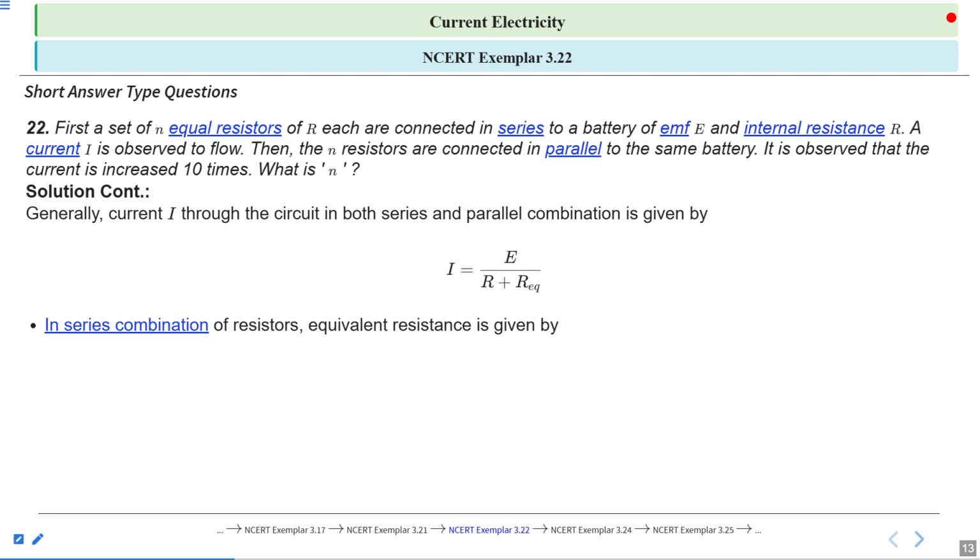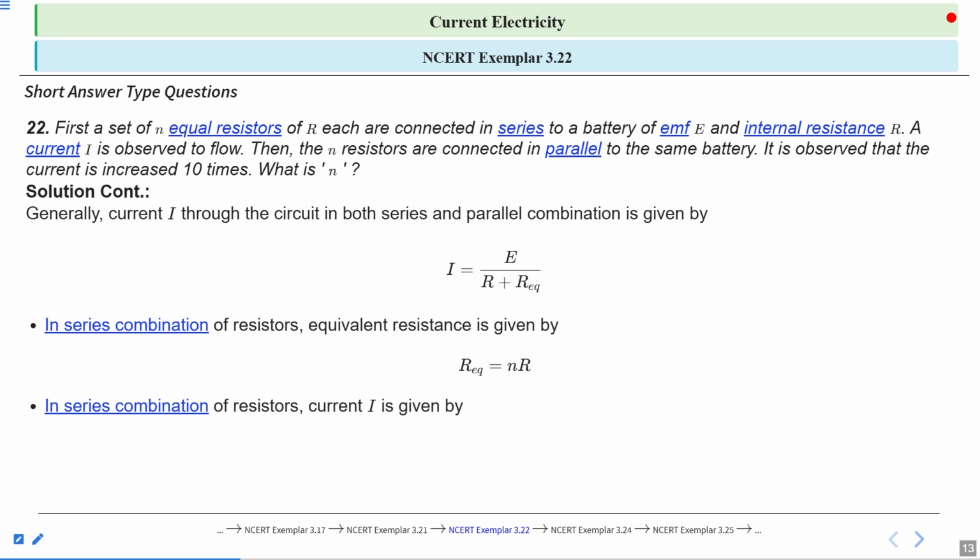In a series combination of resistors, the equivalent resistance is R equivalent equal to NR. If N identical resistors are connected in series, the equivalent resistance is the algebraic sum of all the resistances: R plus R and so on up to the nth R, so N resistors give NR. Simple.